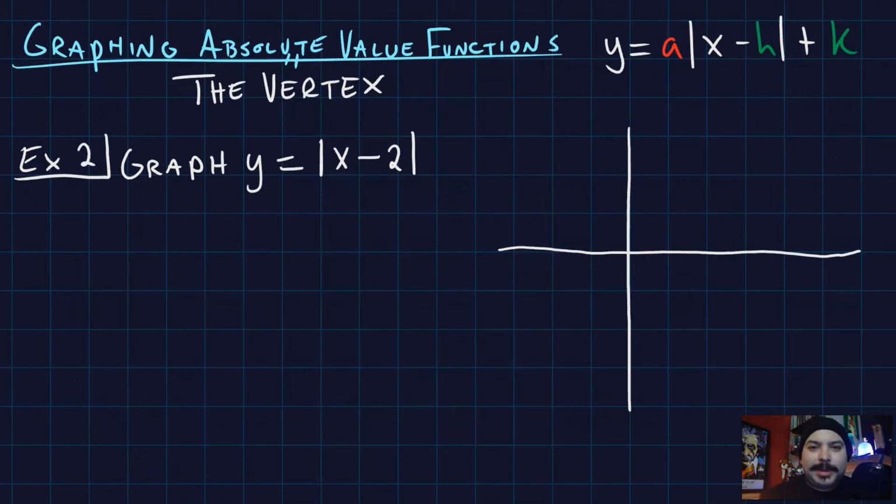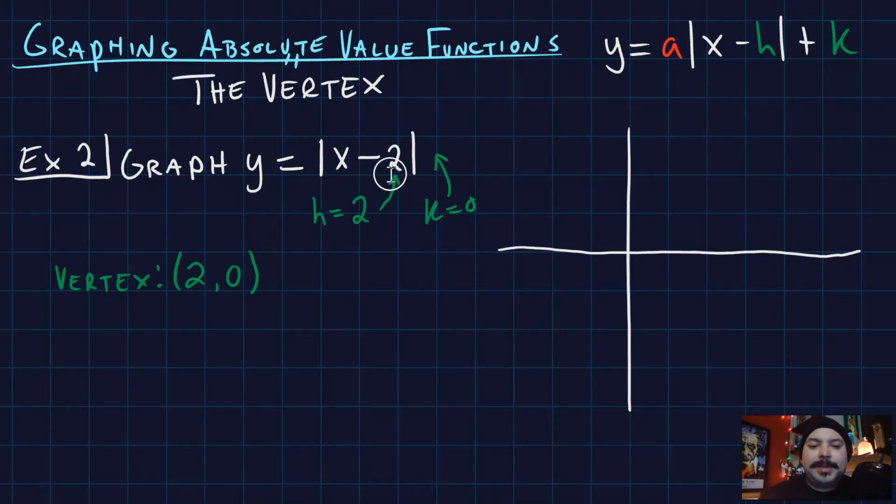Now in example 2, we are graphing the equation y equals the absolute value of quantity x minus 2. Again, we start by identifying our vertex. In this case, we have something being subtracted from our x value inside the absolute value, and we see that h is actually equal to positive 2. You might be thinking, it says x minus 2 inside the absolute value, so how can h be positive 2?